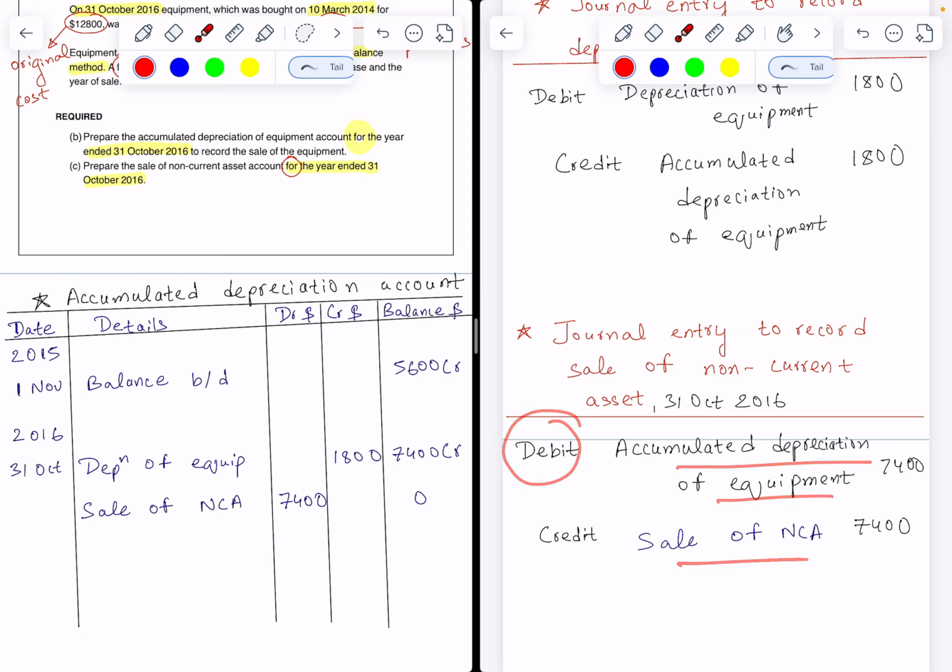So within the accumulated depreciation ledger account, you will see that 7,400, which is the aggregate depreciation for 3 years of usage, is included in the debit column, with the relevant cross-reference in the details column being the sale of non-current asset. Okay? So 7,400 debited here gets offset against 7,400 credit, which leaves us ultimately with a net balance of 0. All right, I'll just let that sink in for a moment so you can see what's going on.